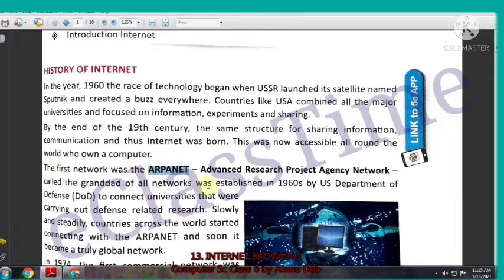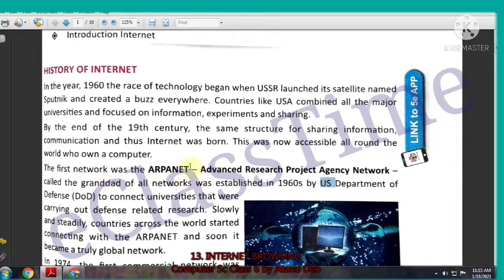It was actually a defense network of the American government, called Advanced Research Project Agency Network, where 10 or 13 computers of a certain university were linked to another university to form that network.